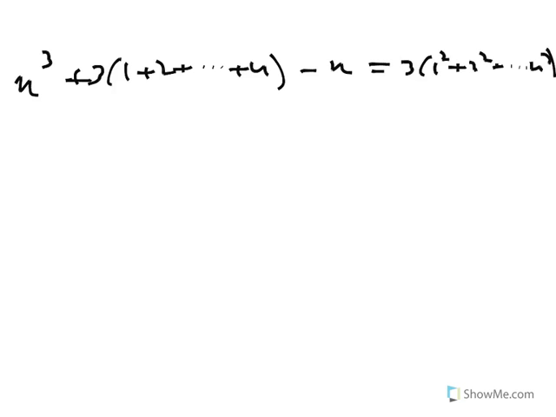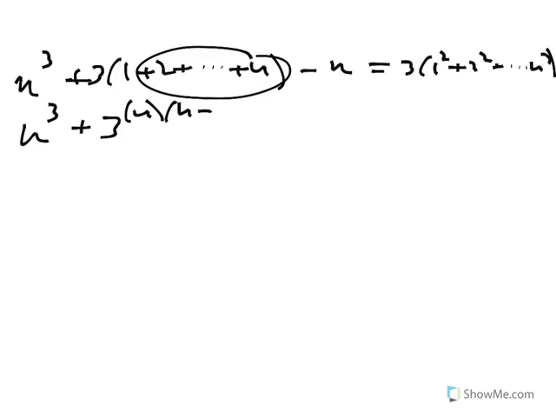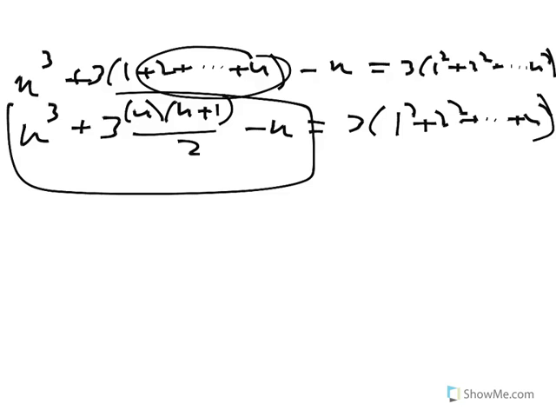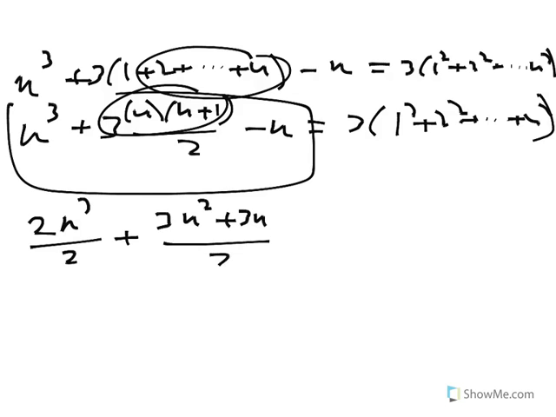Now, we have a formula already for this. It's n times n plus 1 over 2. Now this is going to require common denominators of 2. So 2n cubed over 2 plus, I'm going to multiply this out, 3n squared plus 3n over 2.